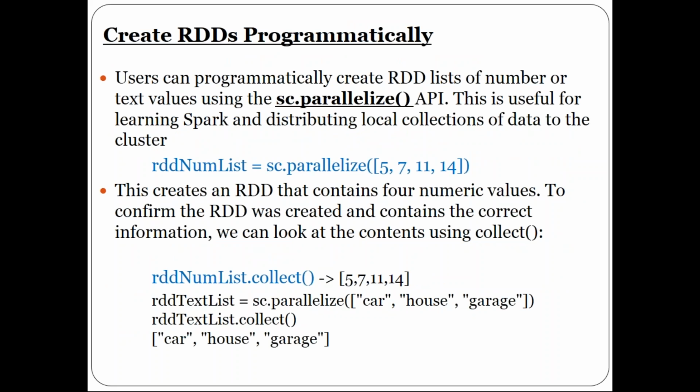Now, creating RDD programmatically. I would like to make this very clear, because if you understand this, you'll understand the map function. If you understand the map function, you'll understand the flatMap function. If you understand map and flatMap, only then you'll understand combineByKey. If you understand map, flatMap, and combineByKey, only then you'll understand aggregateByKey. If you understand map, flatMap, and aggregateByKey combined correctly, only then can you do dense ranking functions.